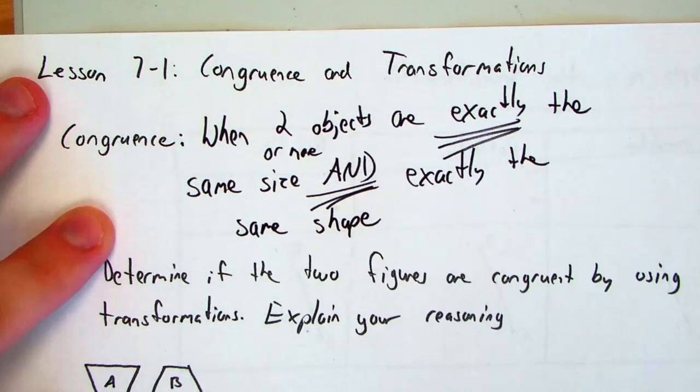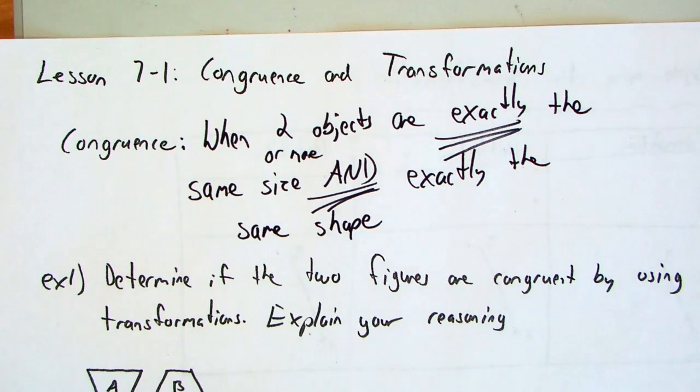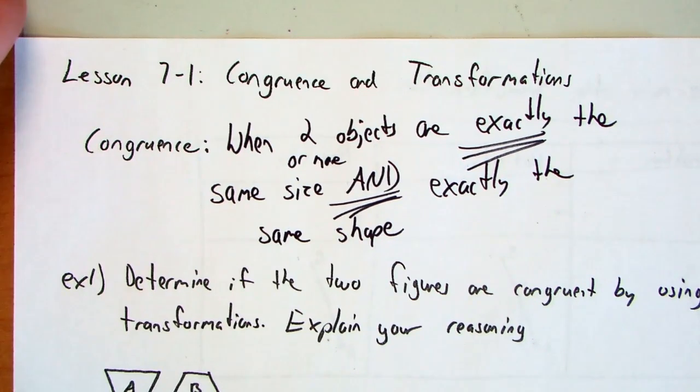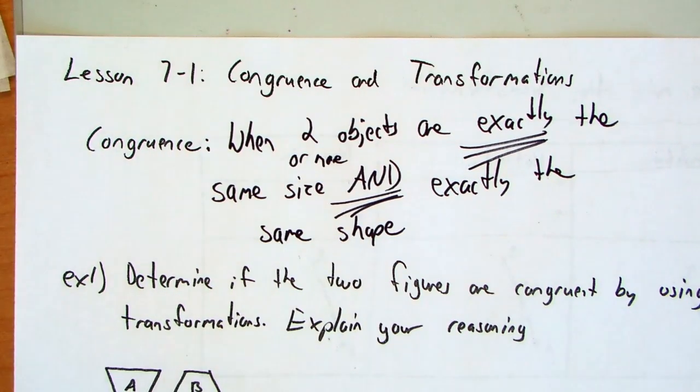Now, we're going to talk about what that actually looks like and how we write down whether something is congruent to another object or not. But the first thing we want to look at is example 1.